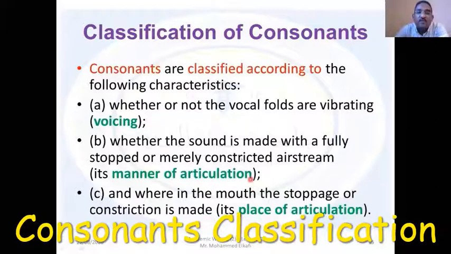So when we want to classify a consonant, we should mention is the sound voiced or not. So is the sound voiced or unvoiced? And also we should mention the manner of articulation and place of articulation.